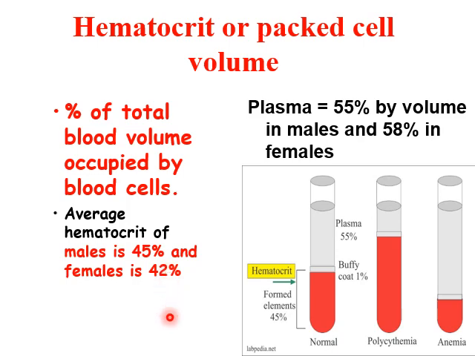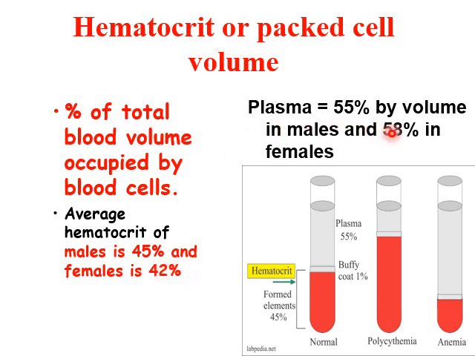Actually, when you take 100 ml of blood, about 45% is the cellular portion, and if 45% is the cellular portion, then 55% will be the plasma or the fluid portion. And in females, the cellular portion or the formed element is about 42%. So what will be the fluid portion?